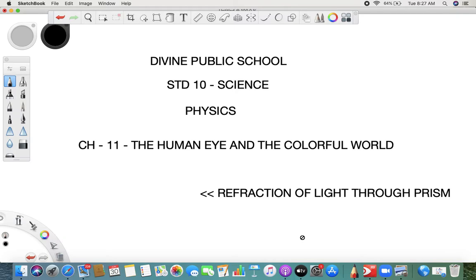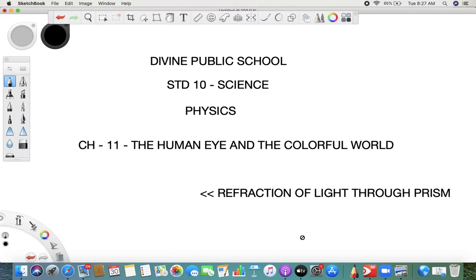Now, yesterday we saw the defect of vision in a human eye. In that, we learned how a ray gets refracted and meets on the retina. When it meets on the retina, you can see a clear vision.